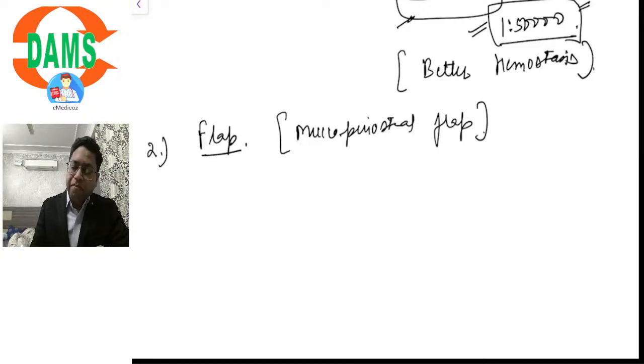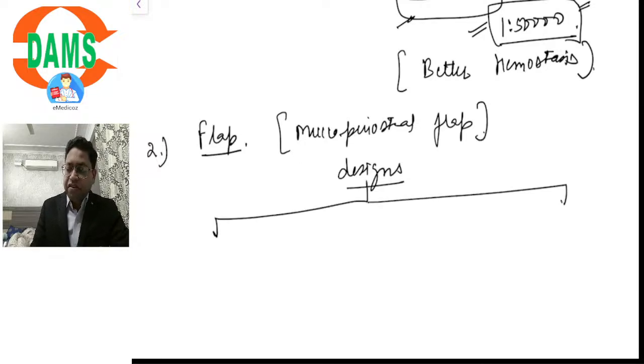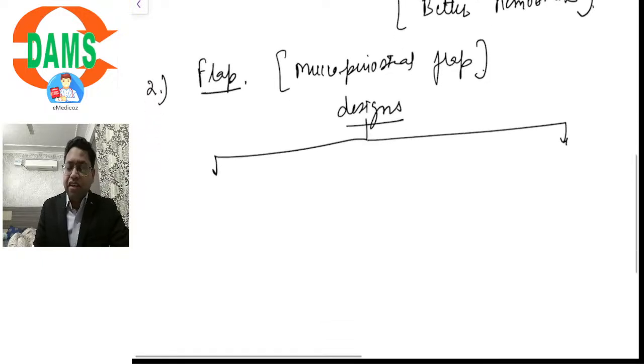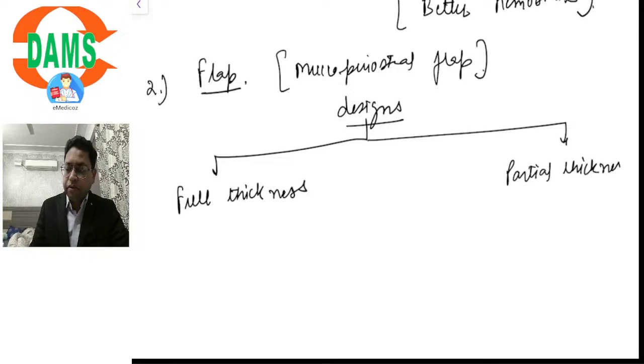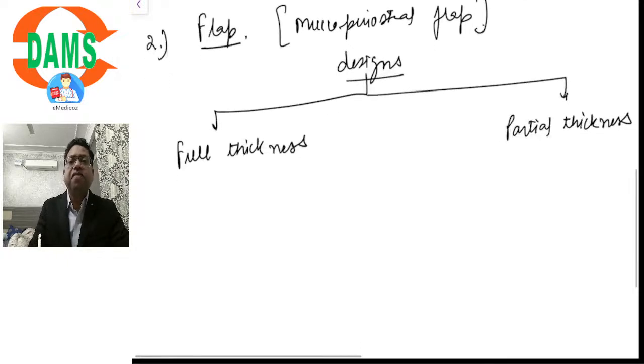If we talk about the flap designs, then for these surgical procedures, there are two principal flap designs, which are designated as full thickness flaps and partial thickness. I'm talking about the flap designs used for periradicular surgical procedures.